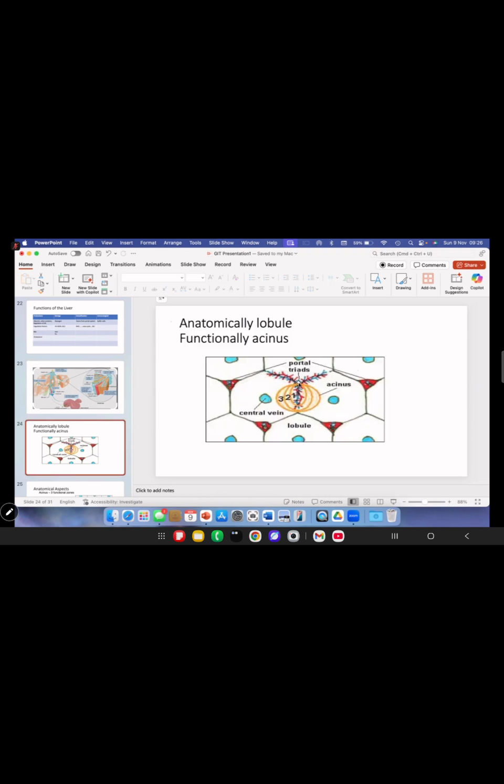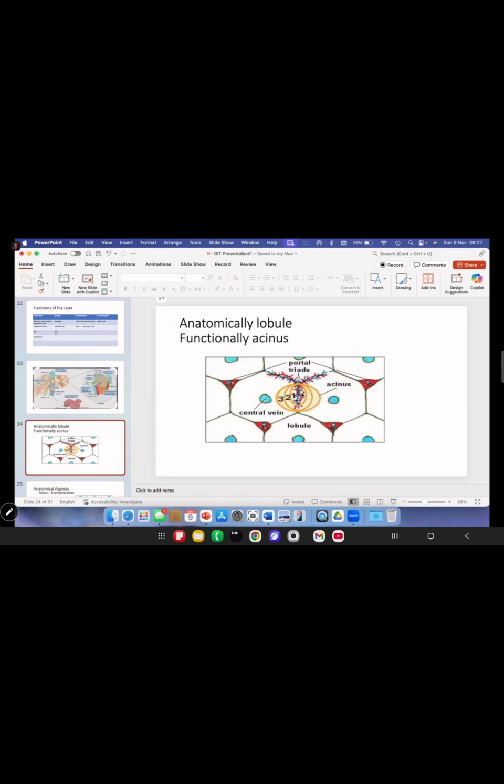It's here, and this part is the lobule. This part is anatomically the lobule. Anatomically we consider the lobule, but functionally the acinus. The acinus is this part. There are three zones: one, two, three. This is the central vein, and venous blood has less oxygen. So this part, zone 3, can easily become hypoxic because the oxygen comes in this direction.